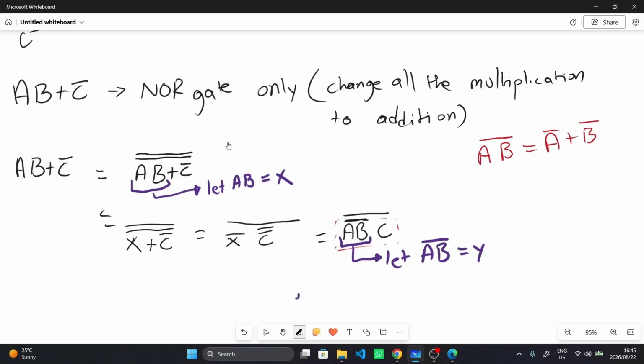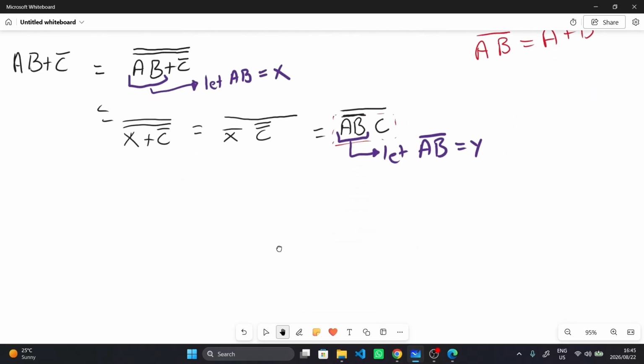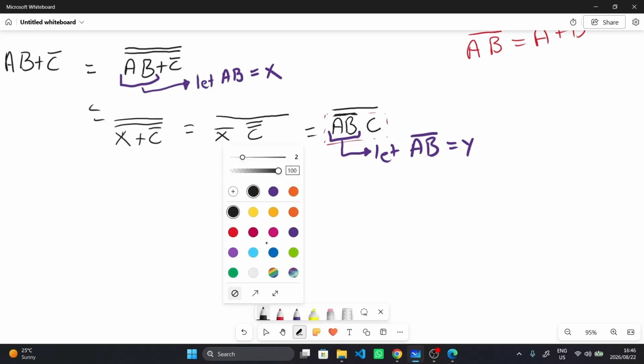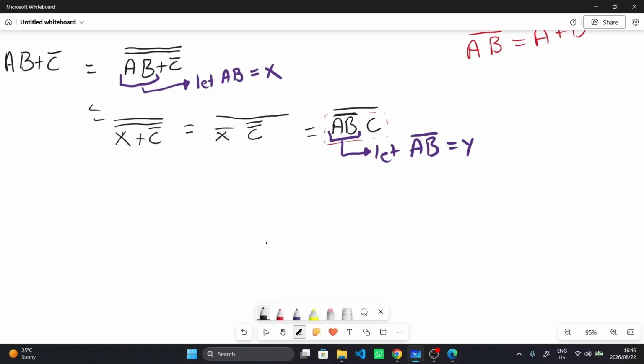And maybe for now you might not understand it, but you sit down, you practice, that will make sense. Right. So we can say here is y times c complement, right?